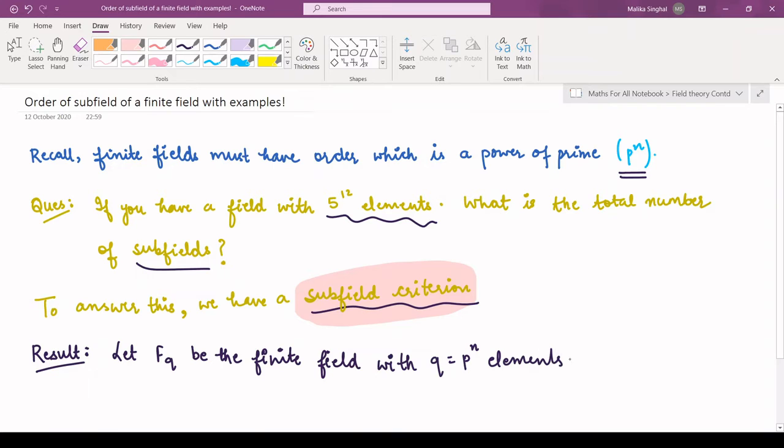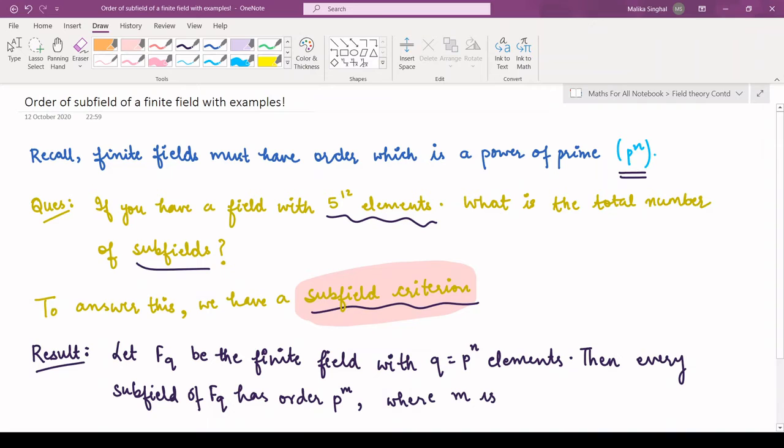Then every subfield of FQ has order p to the power m, where m is a positive divisor of n.